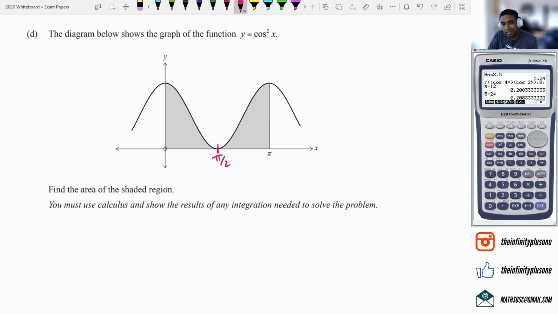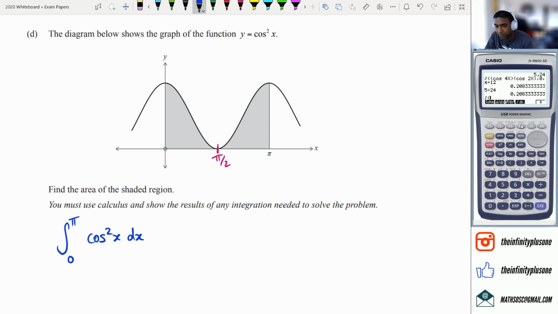But the thing is, we can't integrate cos squared x, so we've got to substitute, get it out of the way. So in other words, I'm going to do it between pi and 0, and I've got cos squared x dx. Now, just to be on the safe side, I'm going to actually work out this value straight away, so that I know that I'm going to get the right answer.